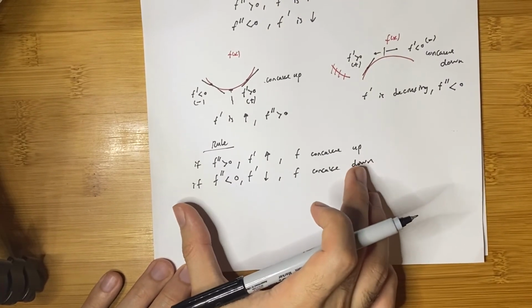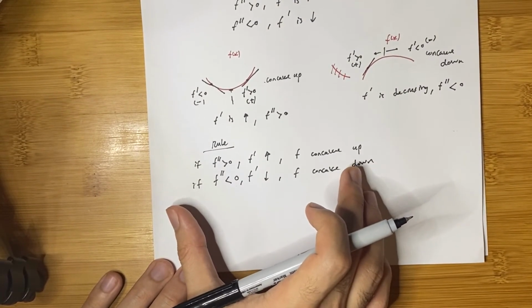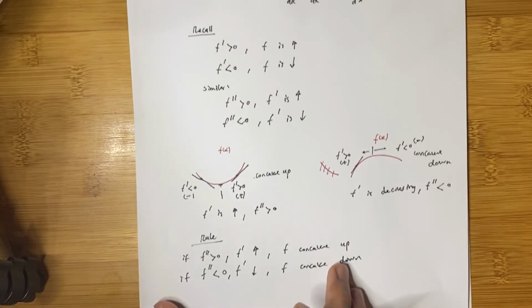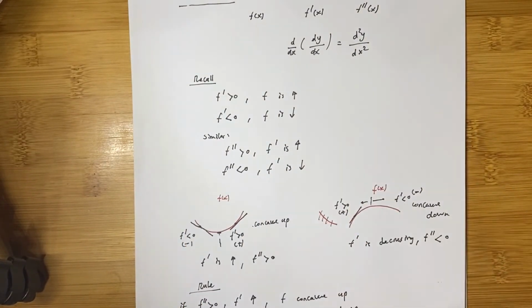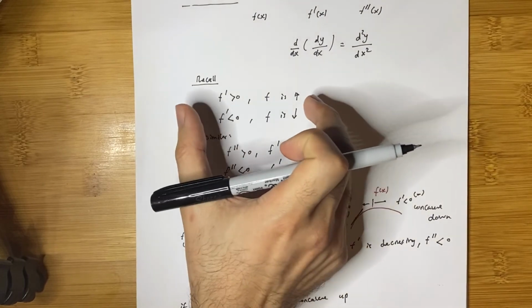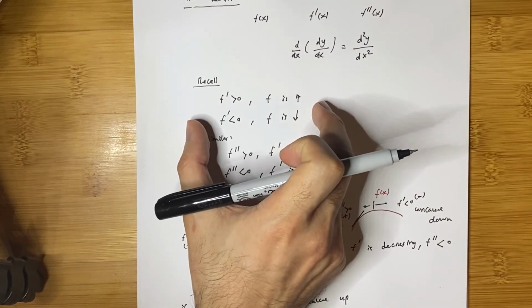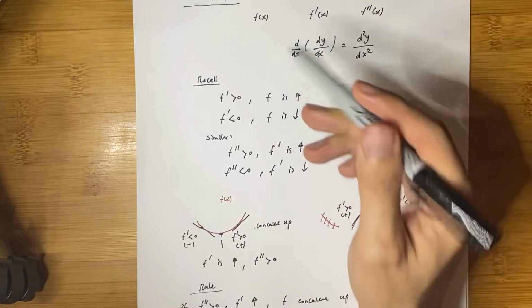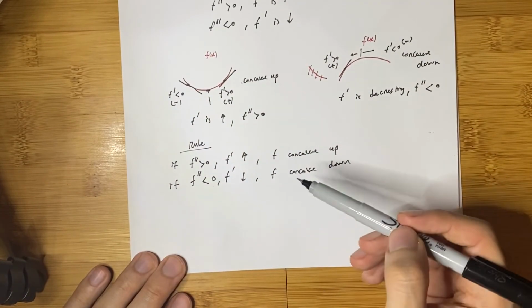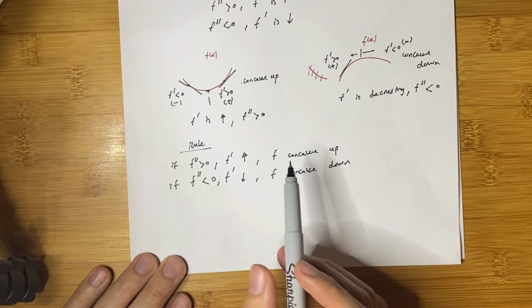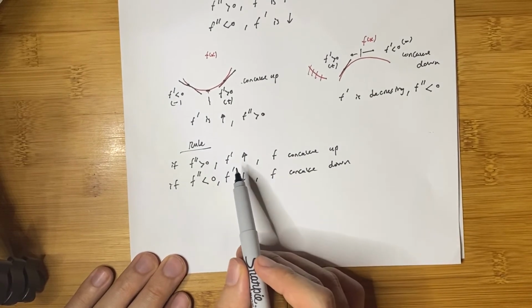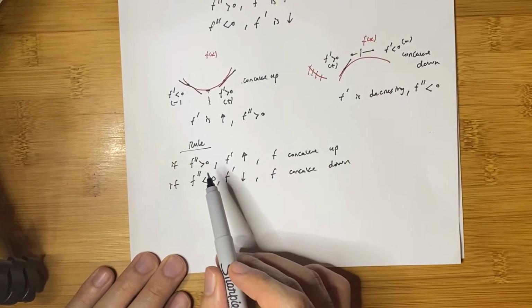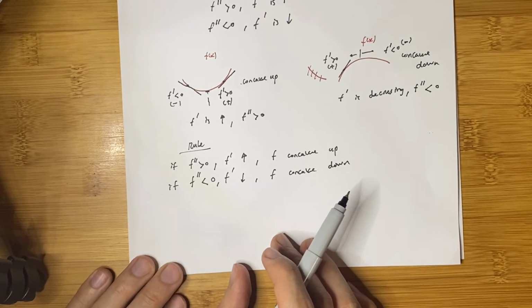So when we're graphing the first and the second derivative, we will use these rules: the relation between the function and the first derivative, and this rule again to relate the function to the first derivative and also to the second derivative.